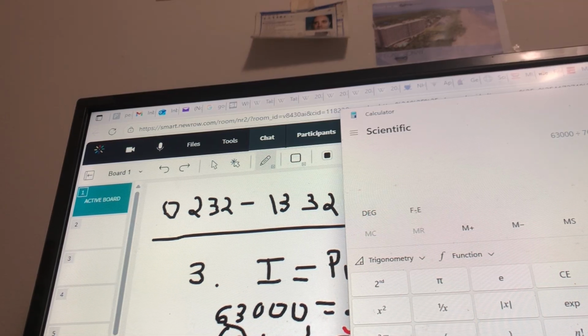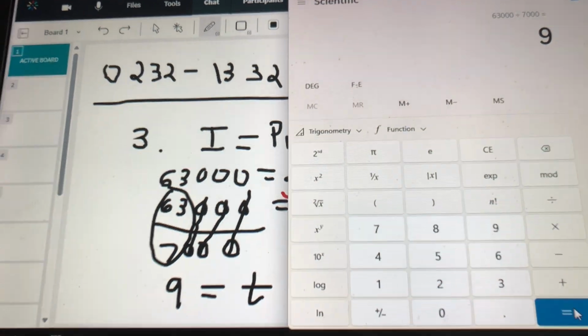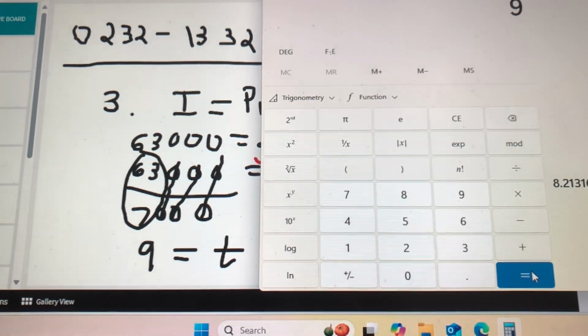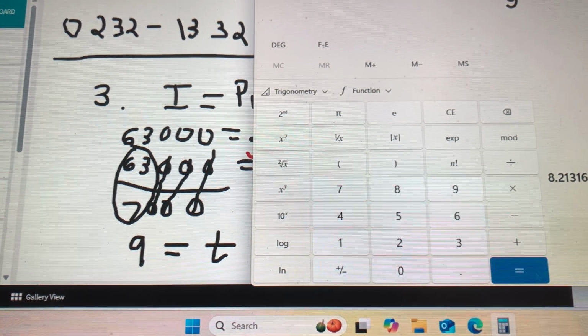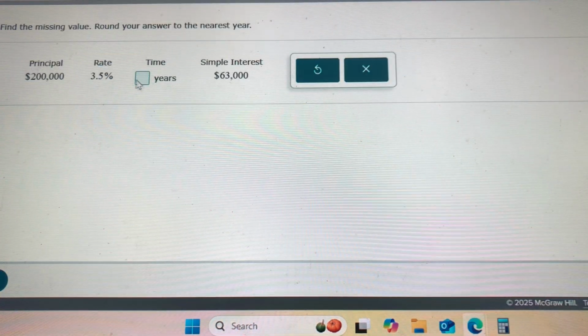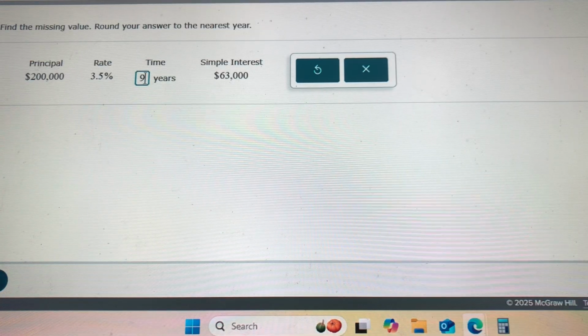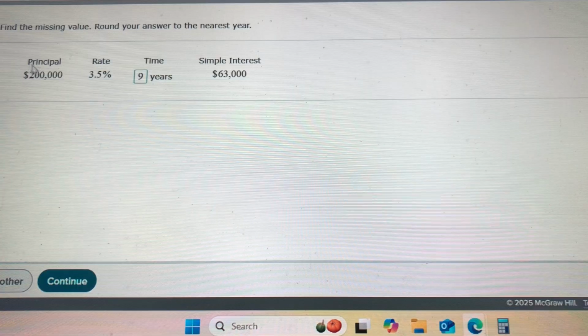And that's 9. So t equals 9, 9 years. And the next couple of problems might make the interest rate or the principal the unknown as well. They do that sometimes too.